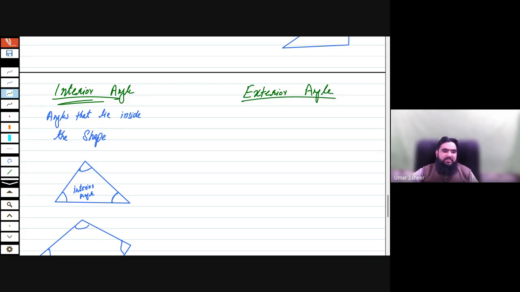Basically, you just produce one side. It's up to you whether you extend in the clockwise direction or the anti-clockwise direction.